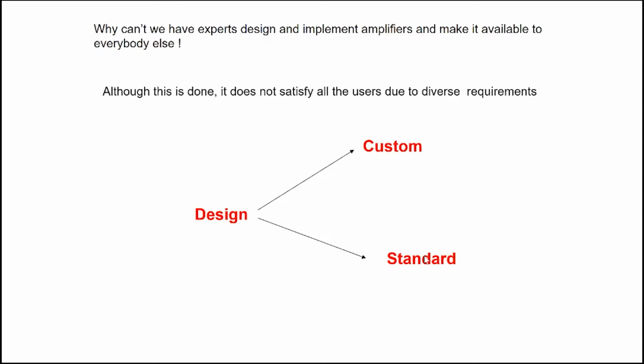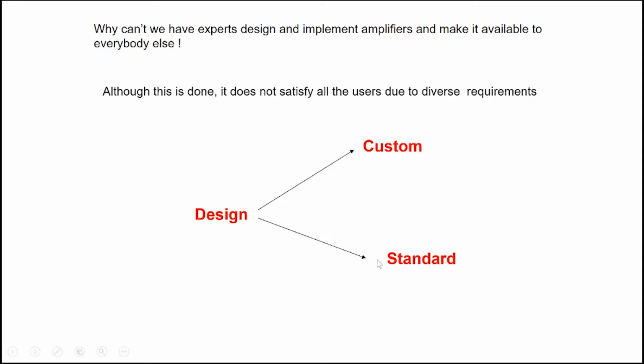If it fits your application, fine, but many times it may not. These standard amplifiers can be produced in large volume, but very often you may find that it's not built to the specifications that you desire.